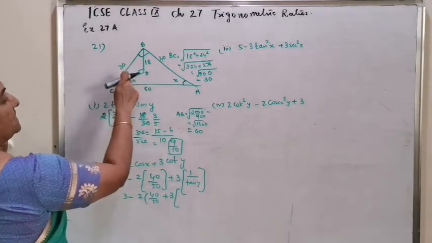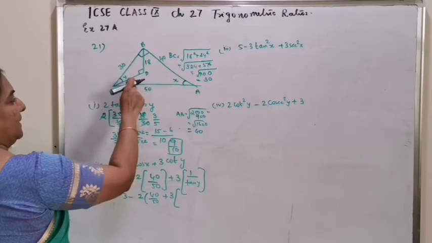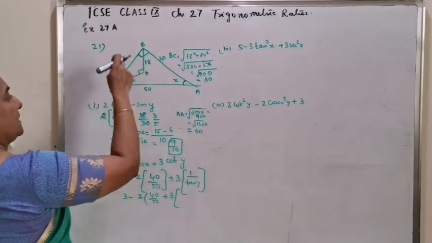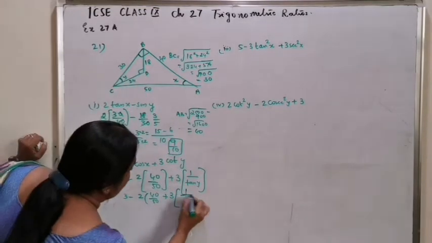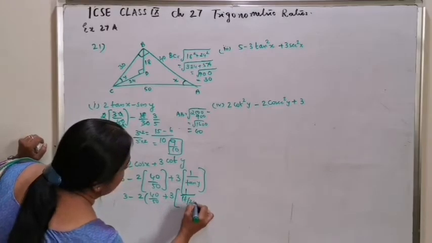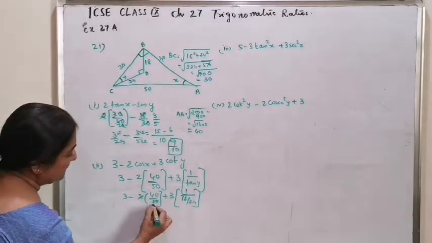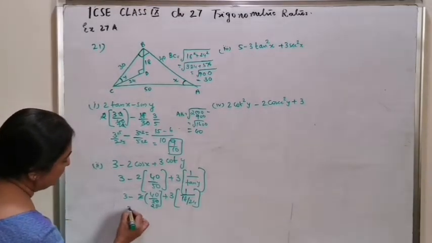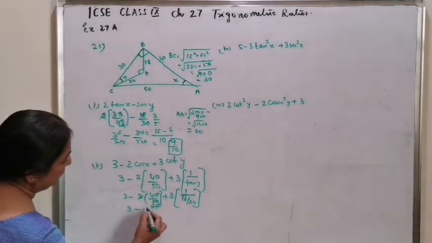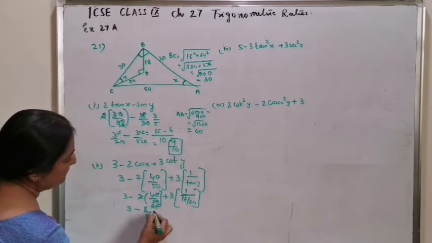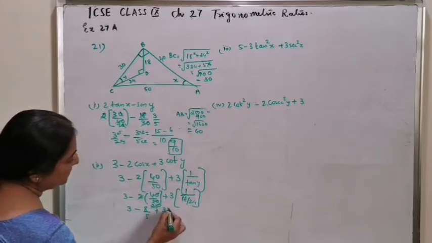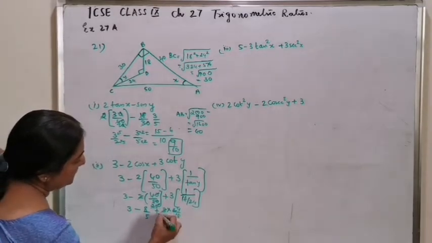Y value is here. Tan is 18 by 24. So cot is 24 by 18. 2 and 50 gets cancelled as 25. 3 minus 8 by 5 plus 3 into 24 by 18.